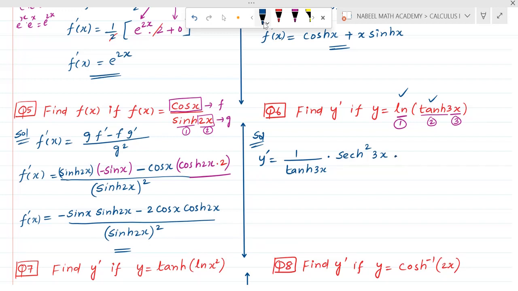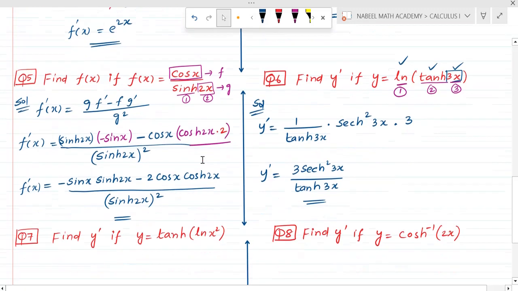Many students will write plus here, but it is always a product. What is the last part? When you differentiate 3x, it becomes 3. So finally the answer will be y prime equals 3 sech squared 3x over tanh 3x. This is what we will have.